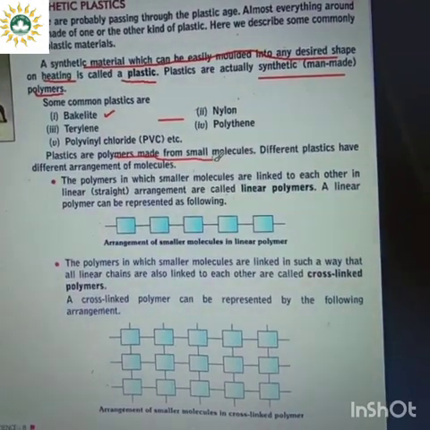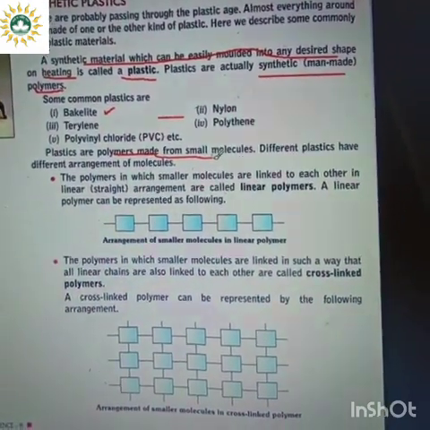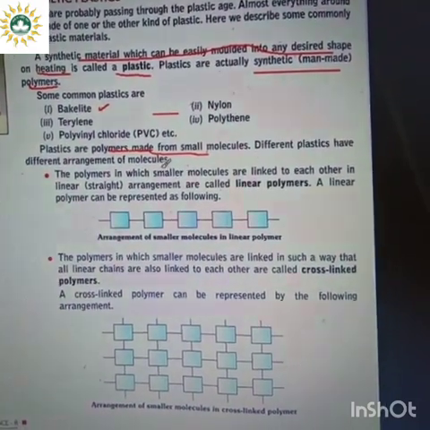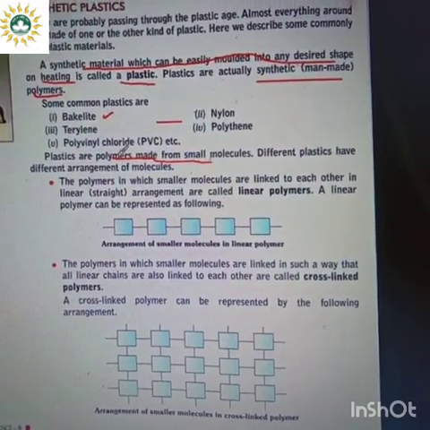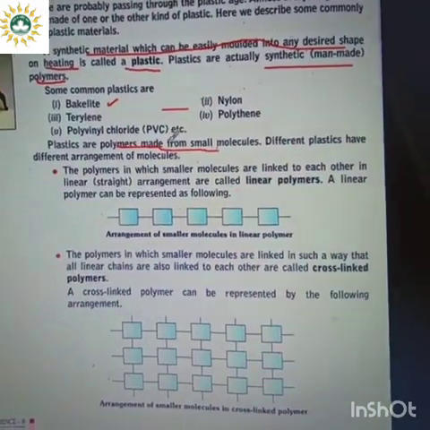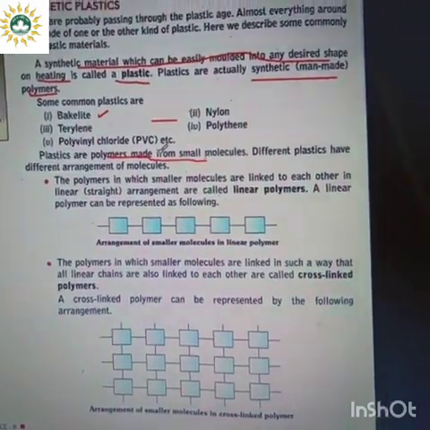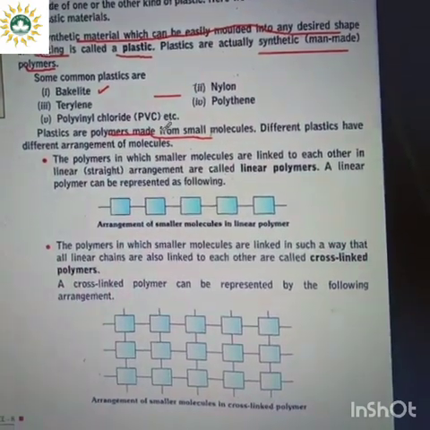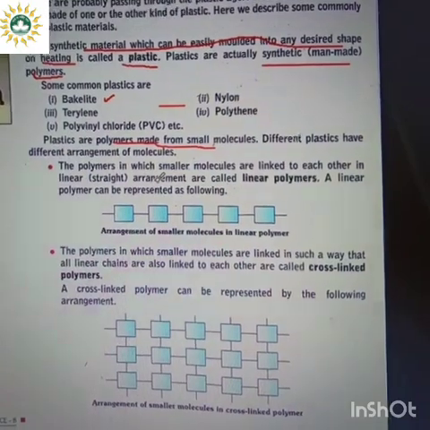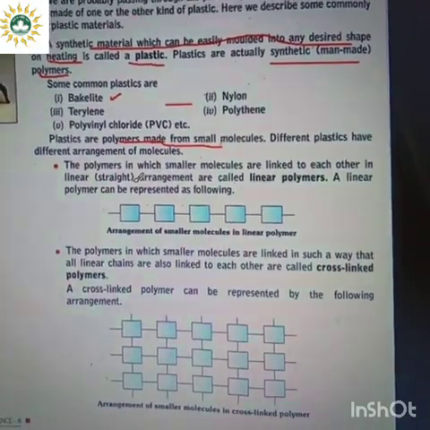Small molecules when joined together form polymers. And different plastics have different arrangements of molecules. All these plastics, bakelite, terylene, polyvinyl chloride, have different arrangements, and that is why the names are also different. We will see two types of arrangement.